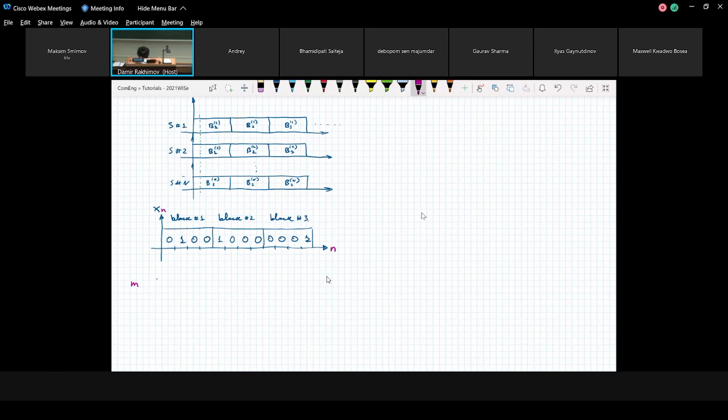So let's consider when we have shift equals to 1, and what happens. We consider the synchronized case, and consider the first symbol. Let's just limit ourselves to the first symbol.